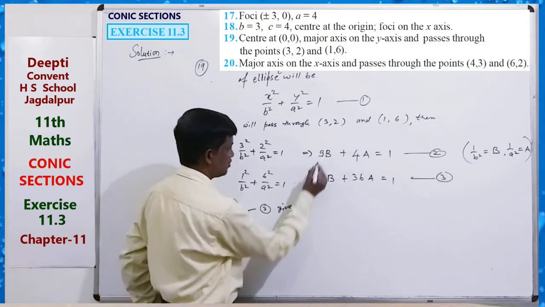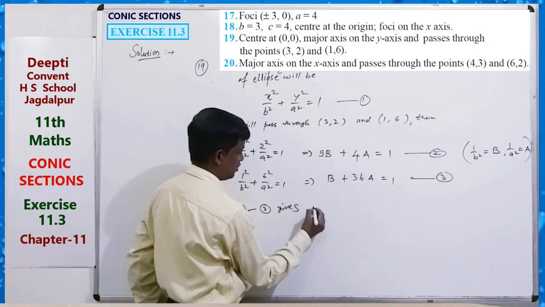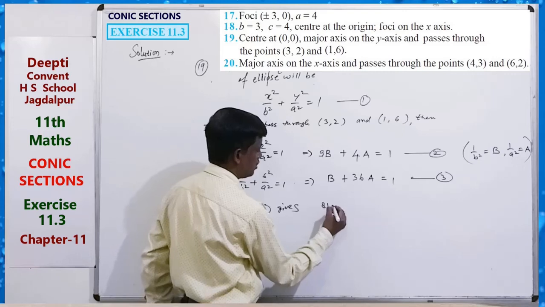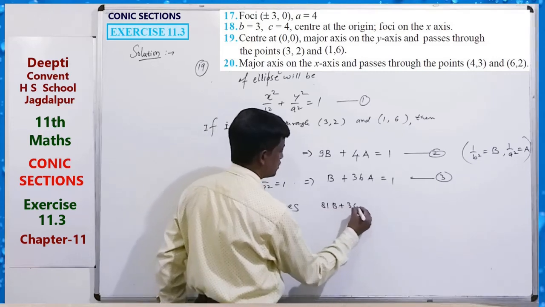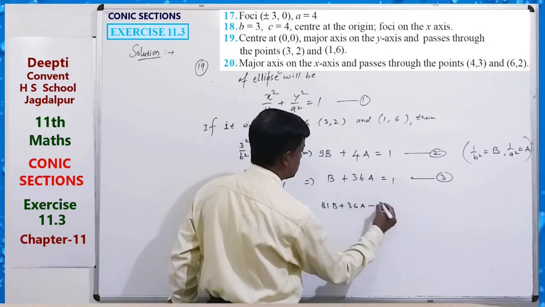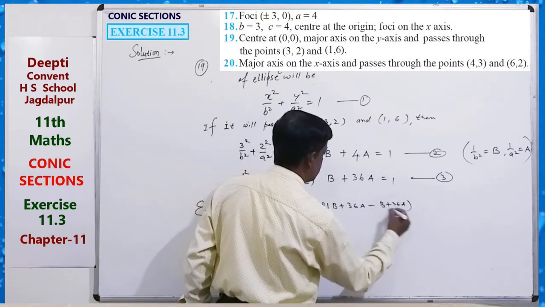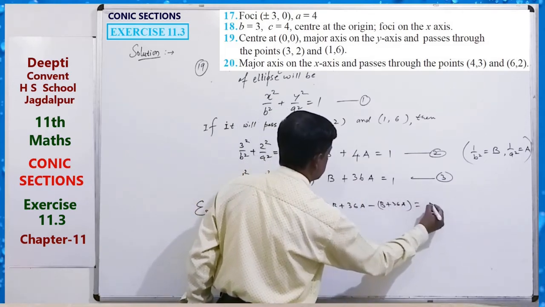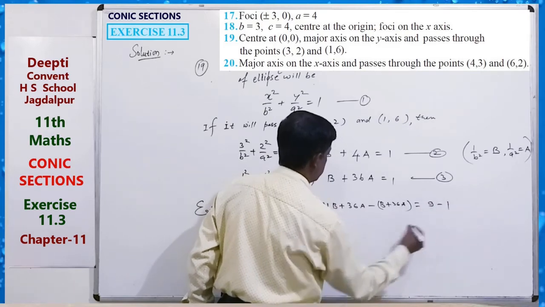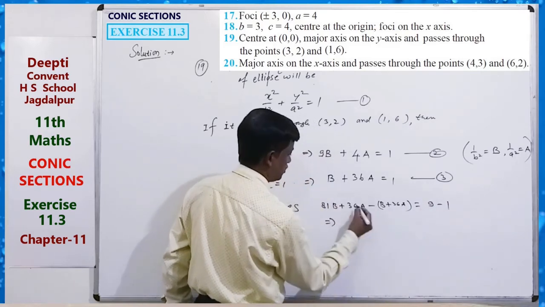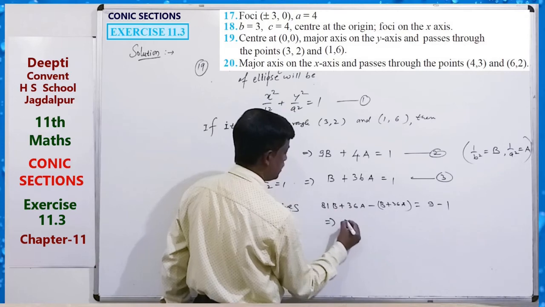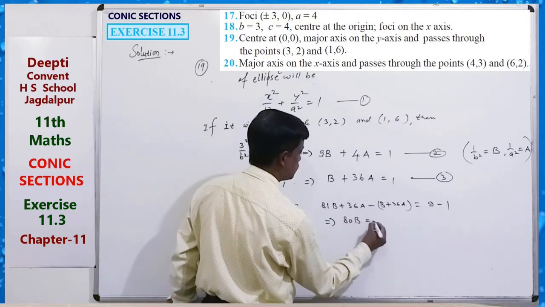So 9 into 9 is 81B plus 36A minus B plus 36A equals 9 minus 1. So what? 36A cancels, 80B equals 8.